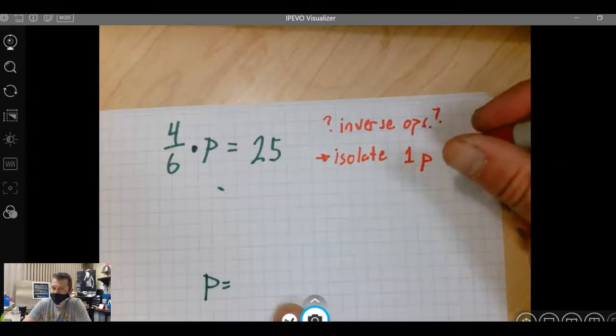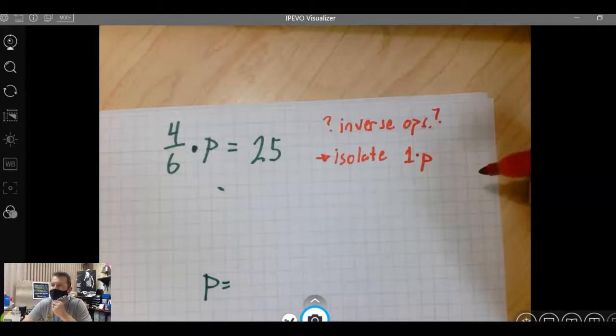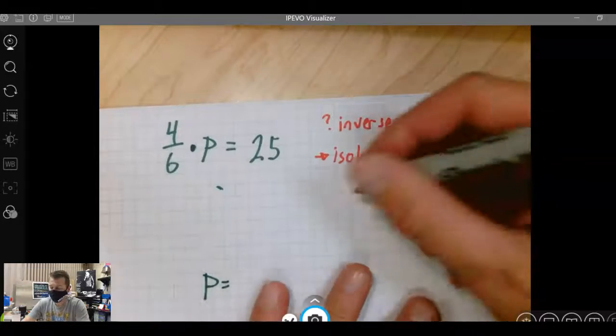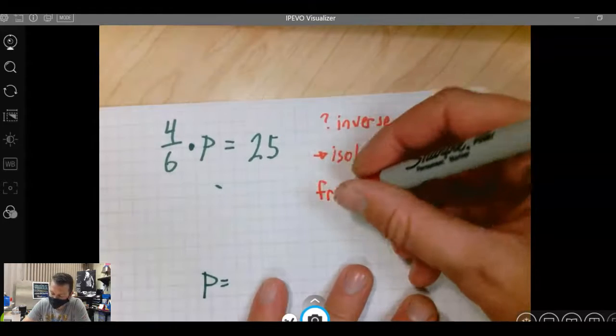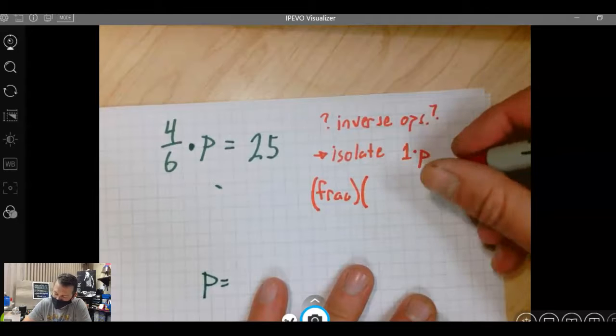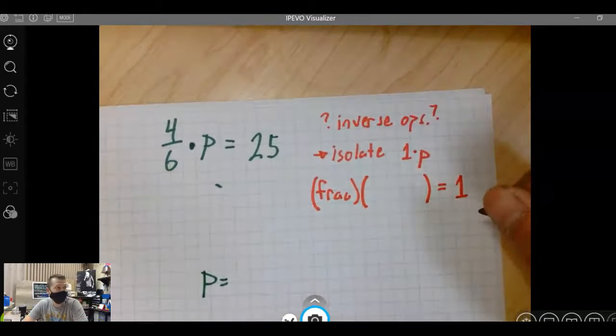Nothing added with it, nothing subtracted. The only thing multiplied would be 1. And we actually know a trick involving fractions. If we take a fraction and multiply it by a certain something, we can make it turn into 1.